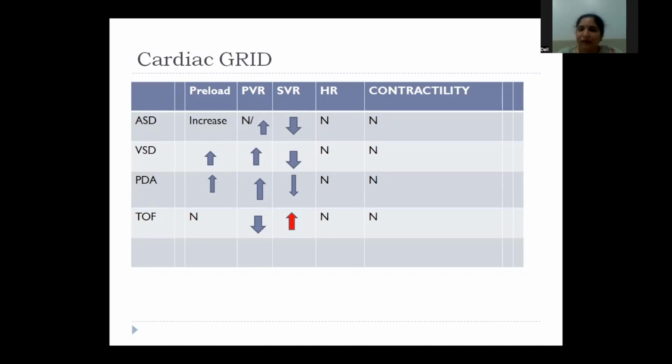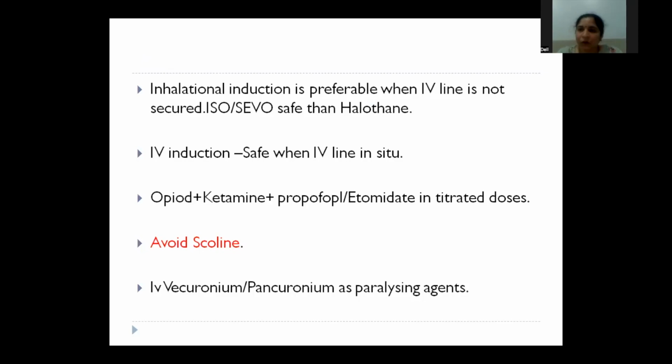We have to maintain normal sinus rhythm in all conditions because cardiac output depends on the heart rate. We can't do myocardial depression because again hypotension leads to a vicious cycle. For induction, when we start induction, if you don't have an IV line, you can start inhalation induction and you can secure an IV line, but for that you need another anesthesiologist who is perfect in taking IV lines immediately.